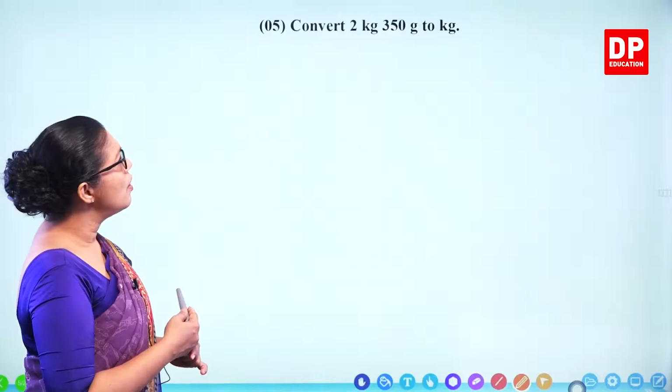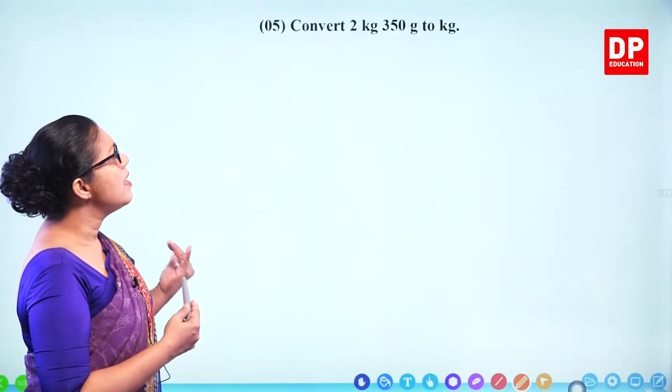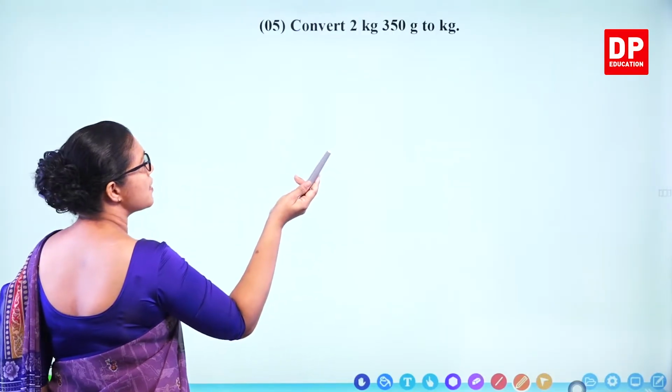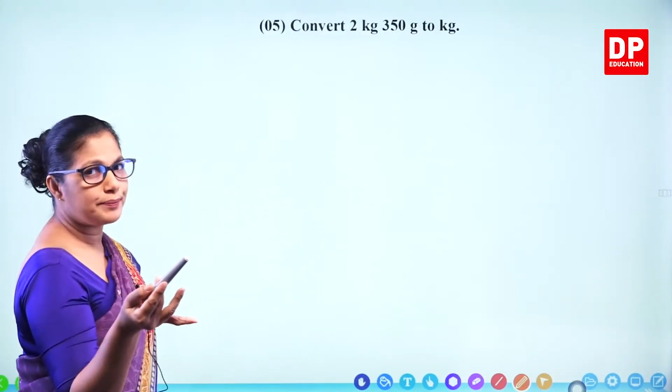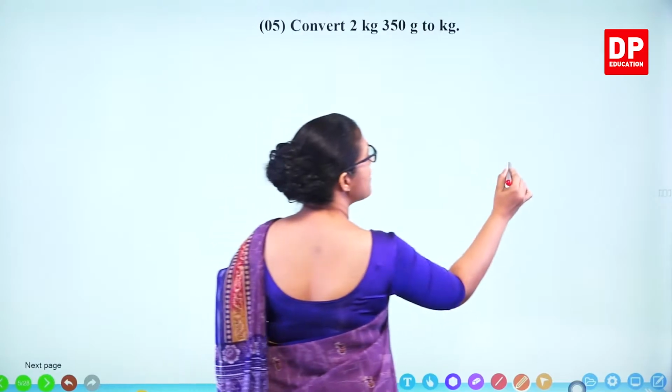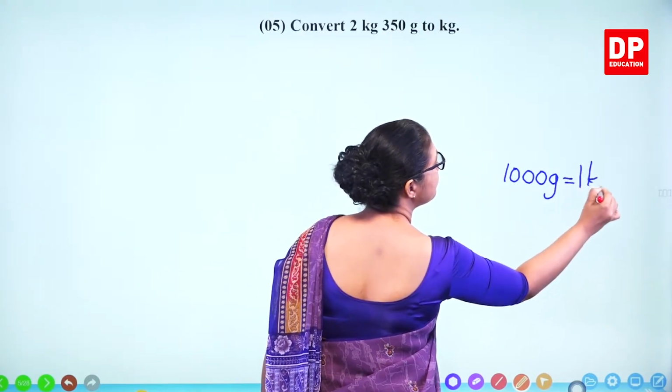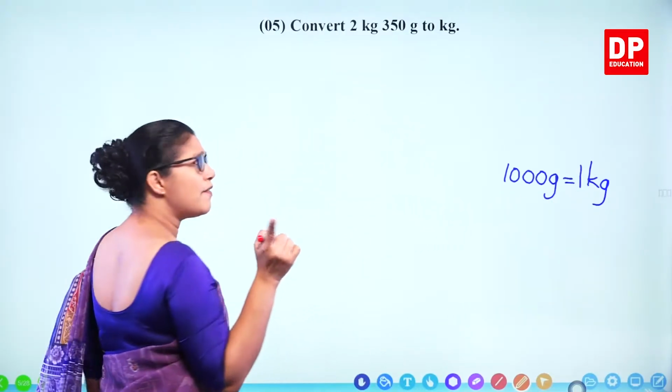Question number 5. Convert 2 kilograms 350 grams to kilograms. So first we can convert everything to grams and then divide by 1000, because 1000 grams is 1 kilogram. There are several ways to do that.